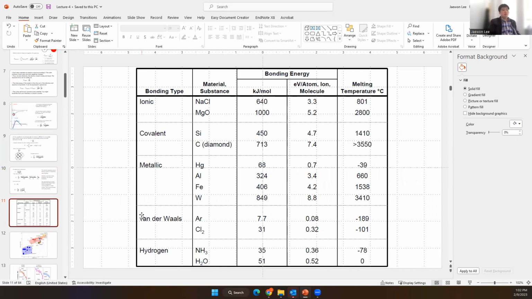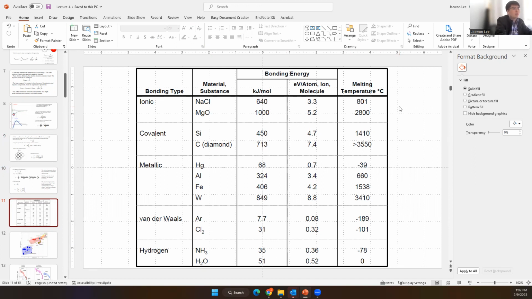So it means if the interatomic force or interatomic energy is very strong, the bonding energy is very strong. If we assume our ionic bonding has very high bonding energies compared to van der Waals or hydrogen bonding, because of that they have a very high melting point.